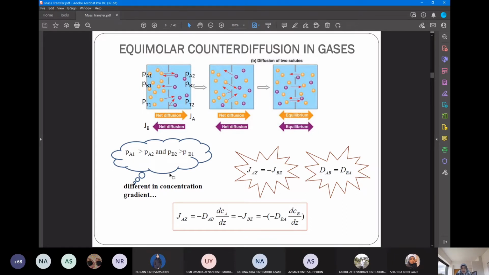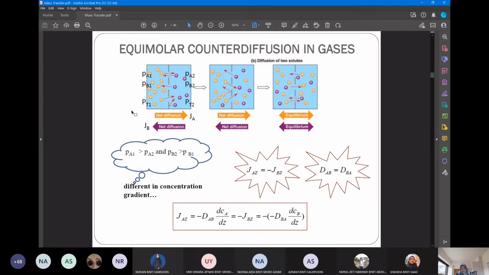Again, as I mentioned before, you mention A here, you mention A here. If you want to mention B, you have to mention B. So B to B, the only difference is location 1 and location 2.